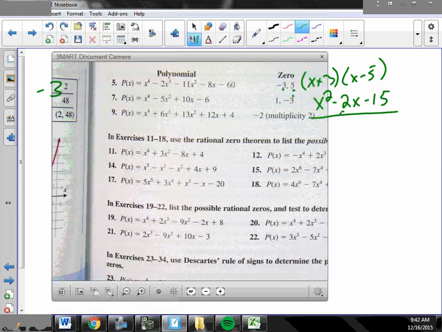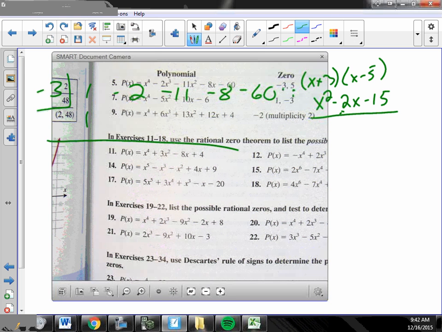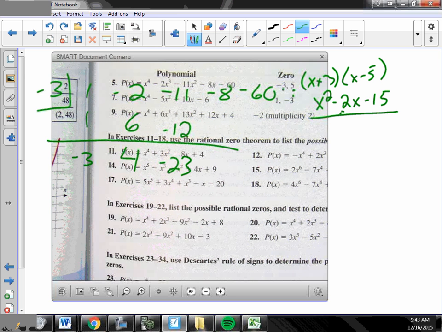So negative 3 goes in the box. 1, negative 2, negative 11, negative 8, and negative 60. 1, negative 3, that would be 6, 4, negative 12, so negative 23. What is that? Positive 69.